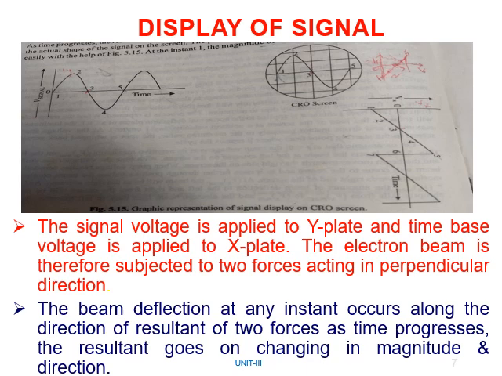Then at point 3, voltage given to the Y plate is 0, okay, and to the X plate is also 0. So due to the resultant force, the point will be at the center. At point 4, voltage given to the Y plate is maximum negative and to the X plate is positive.